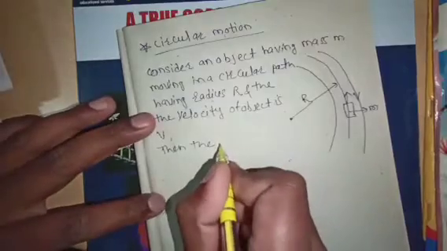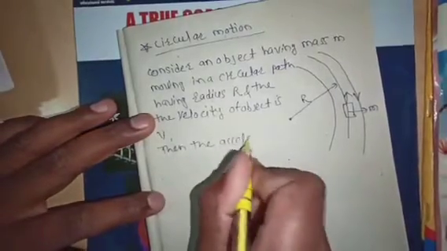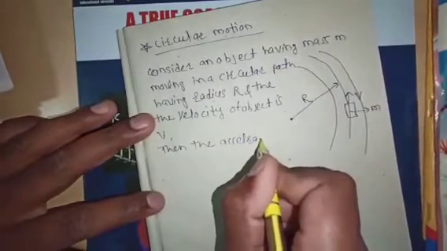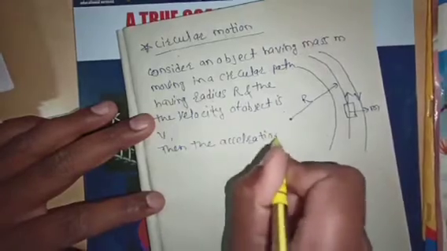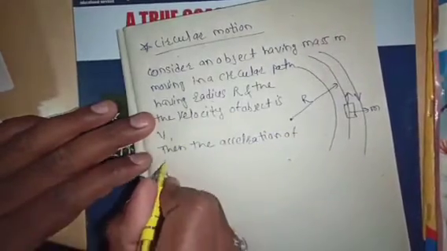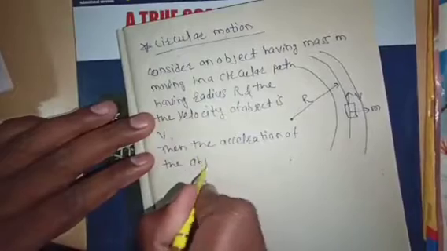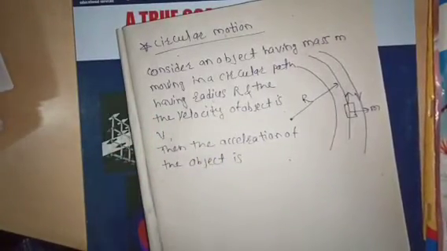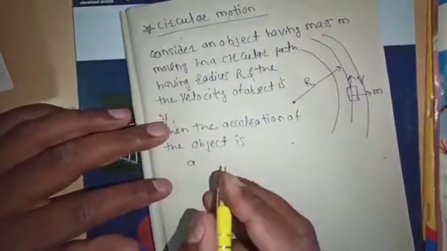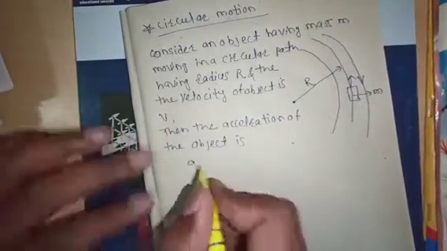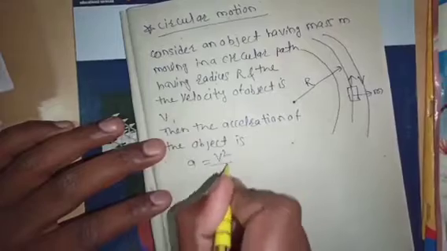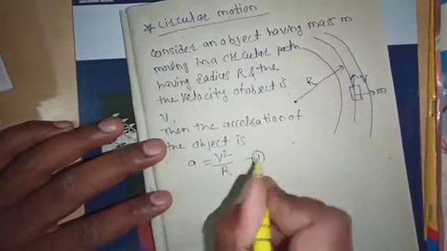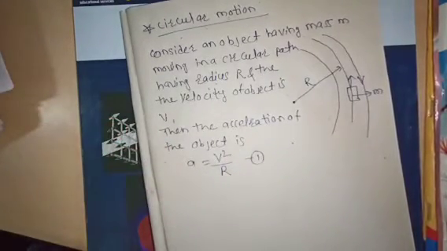The acceleration a is equal to v square by r.